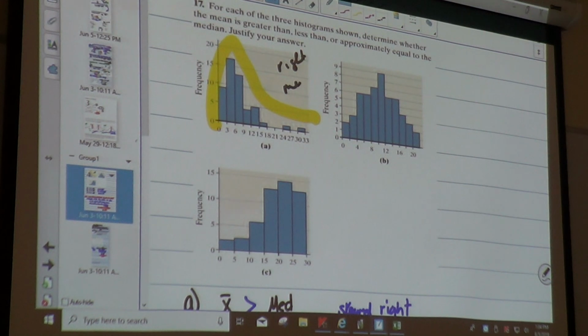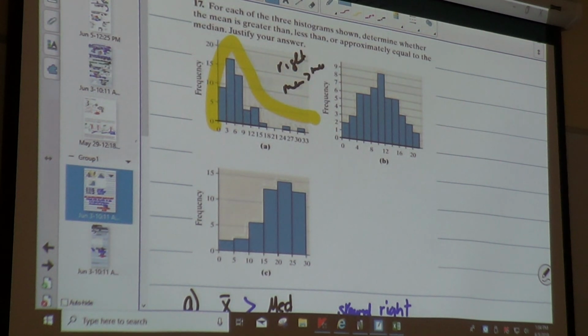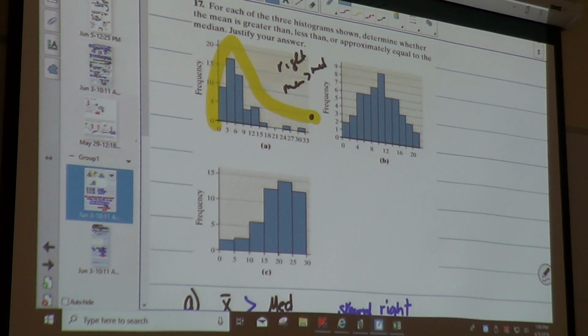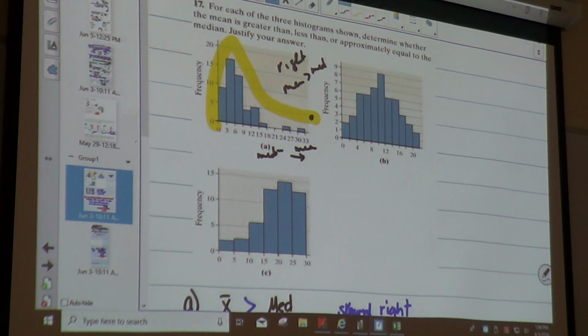The mean would be greater than the median. Because remember, the mean is going to be pushed this way. And the median is going to be closer to the mean. Closer to the home. So the mean is going to be greater. It's going to be higher.